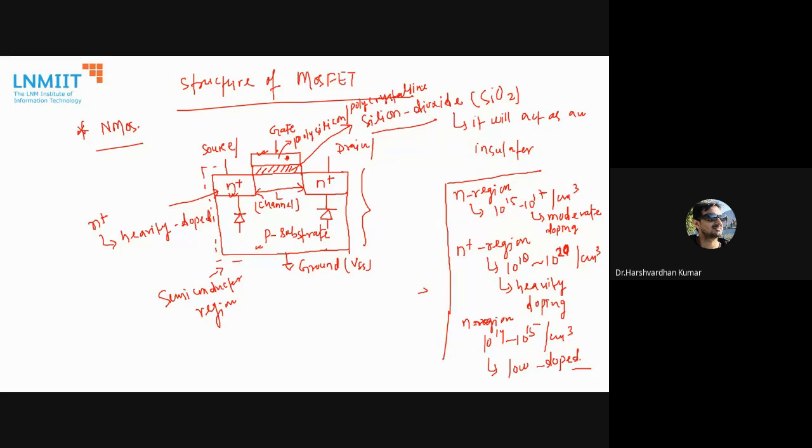Whenever we form a contact, like on the N plus region here, and here also, there are contacts. These are also metallic in nature.